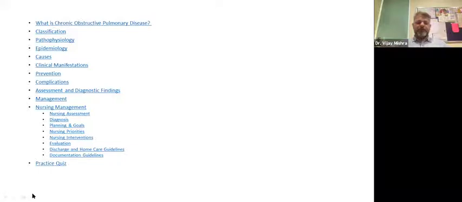And then eventually, nurses are also involved in the care of these patients at home and at the time of discharge. One of the most important things that we often forget when we talk of these clinical matters is the documentation. At the end of it, we'll have a few quiz questions and we'll see if we have made any difference to our understanding of the nursing management of chronic obstructive airway disease.